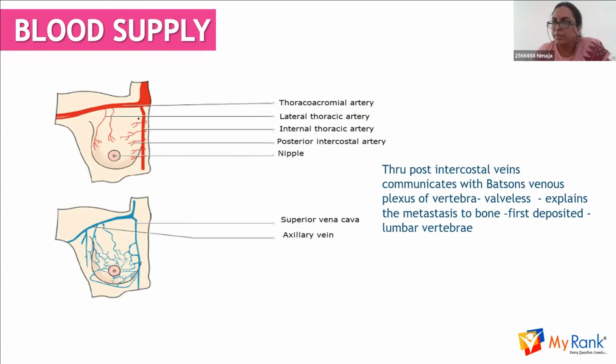Because the breast lies from the second to sixth rib, the main branches from the internal mammary in the second, third and fourth intercostal spaces supply it, and there are a few lateral branches from the posterior intercostal arteries. These are the main arterial supply of the breast.